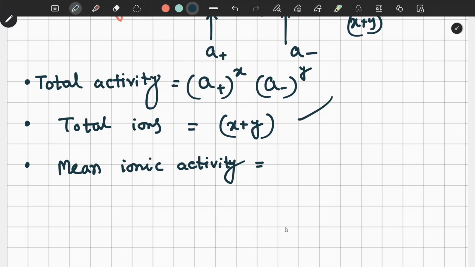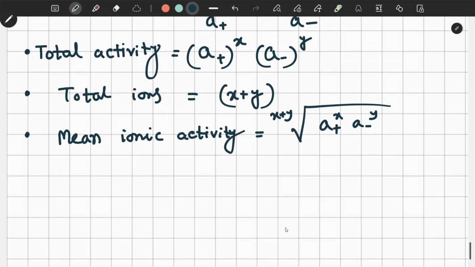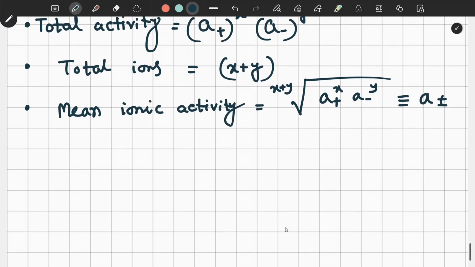These total ions have this activity, then the mean will be this by x plus y, not by root over, because the number is in the power. Yes, root over. So this, is it clear? It is written as a plus-minus because it is the mean for plus and minus both. So it is written like this.